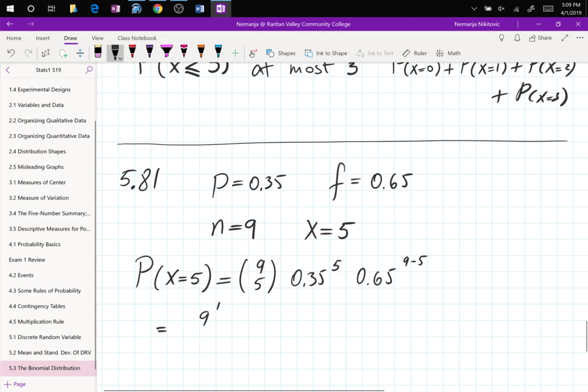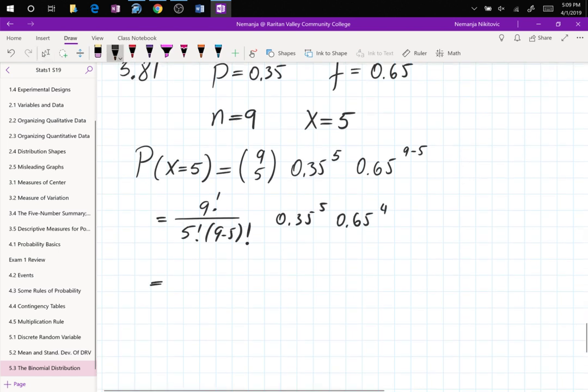So now I have 9 factorial divided by 5 factorial times (9 minus 5) factorial, times 0.35 to the 5, 0.65 to the 4. And now we calculate.